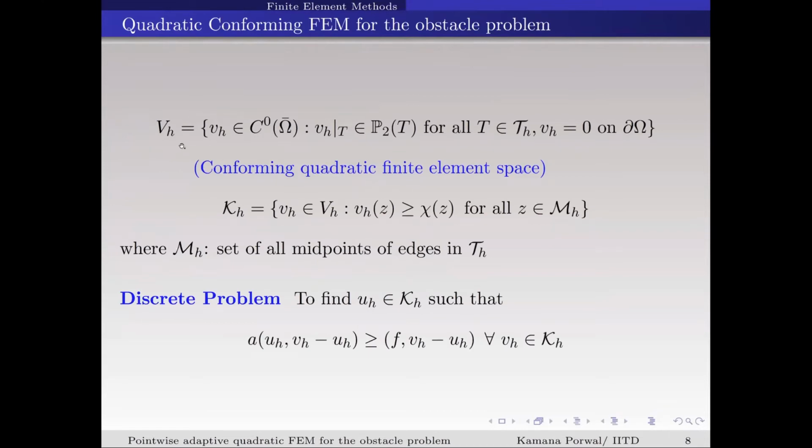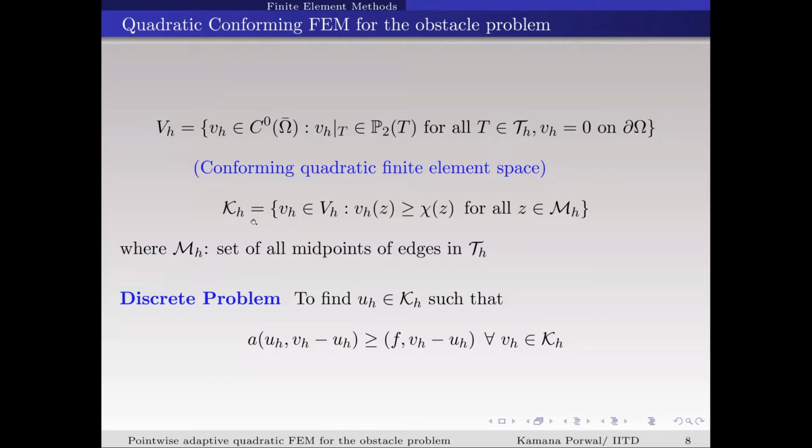So the space V_H is the space of continuous piecewise quadratic finite element functions which vanish on the boundary of the domain. Then the set K_H, which is a discrete analog of the continuous set K, is the set of all those functions of V_H which satisfy these constraints. Note that the constraints are imposed at all the midpoints of the edges of the triangulation.